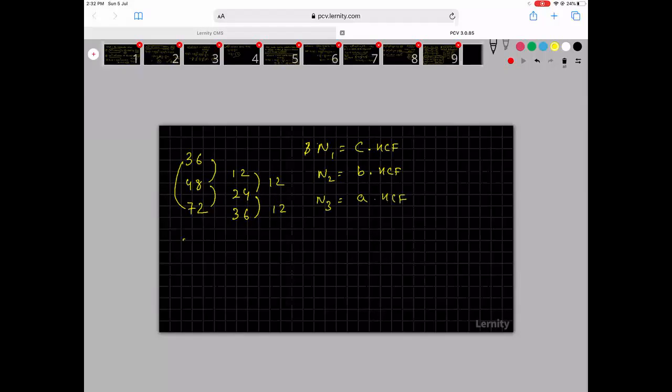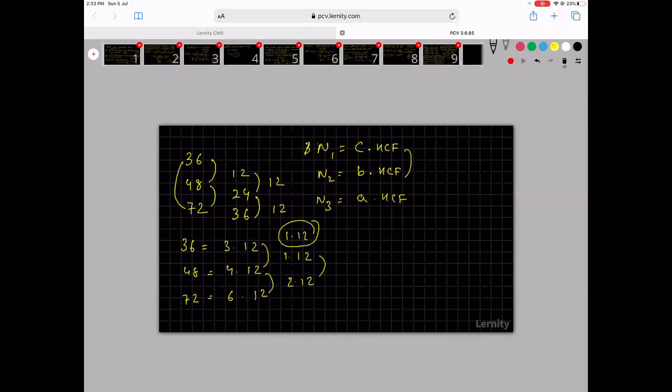For example, 36 is 3 into 12, 48 is 4 into 12, 72 is 6 into 12. Now when I subtract them, I'll get 1 into 12, then 2 into 12, then 1 into 12. So that 1 into 12 will be the HCF.